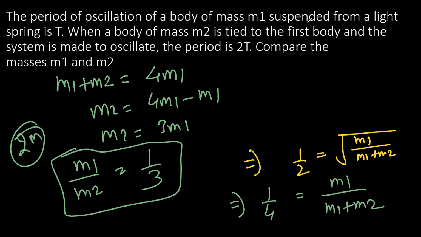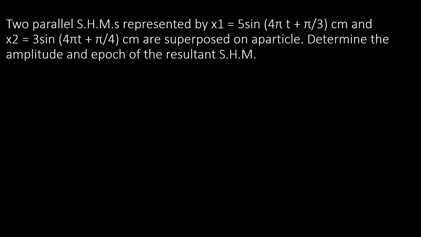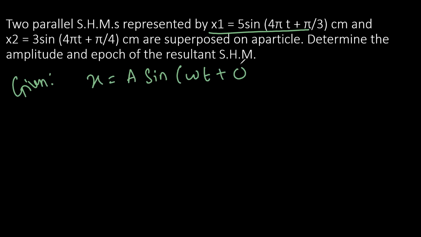Okay, let's go for the next one. Two parallel sections represented by x1 and x2 are superimposed on the particle, then determine the amplitude and epoch of the resultant section. So what is given? This is x1. See, the formula is x is equal to a sine omega t plus phi.